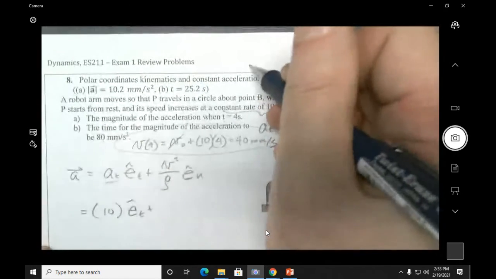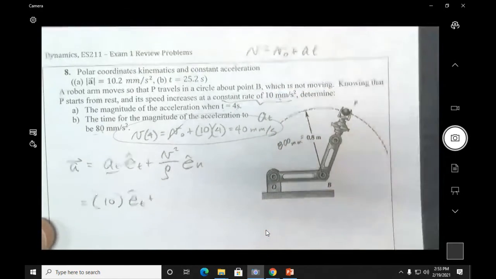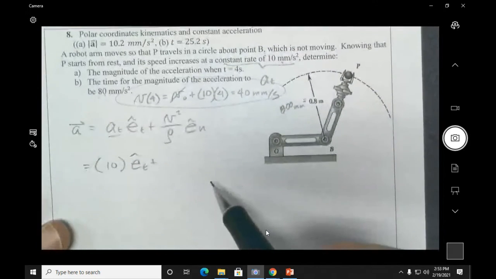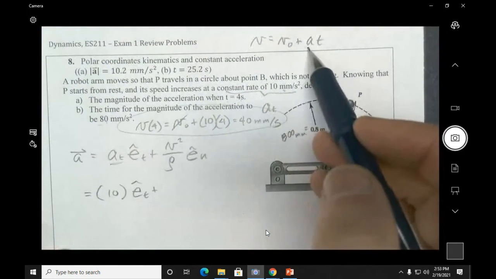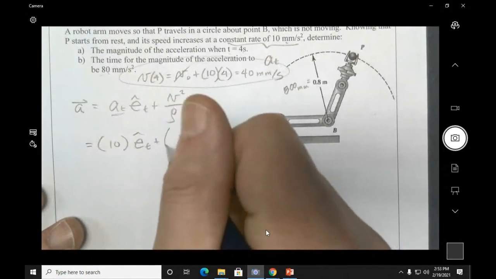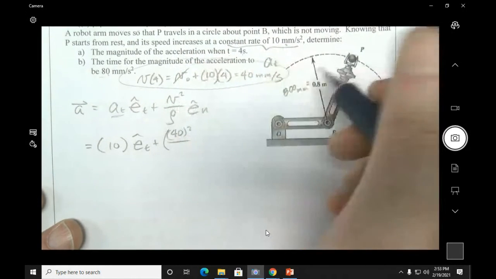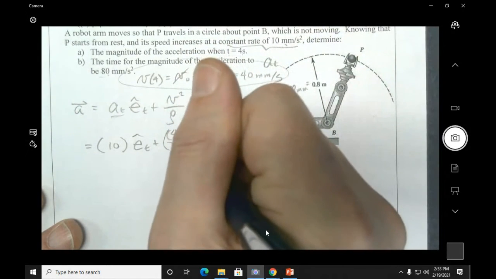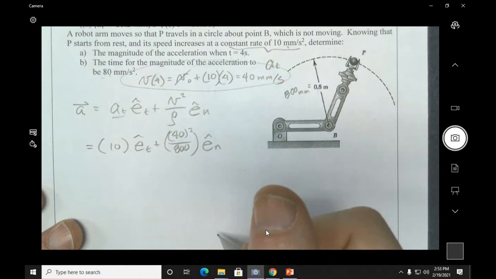I used the original velocity plus the acceleration times time, the simplest of the constant acceleration equations. So what we're left with is 40 squared over 800.